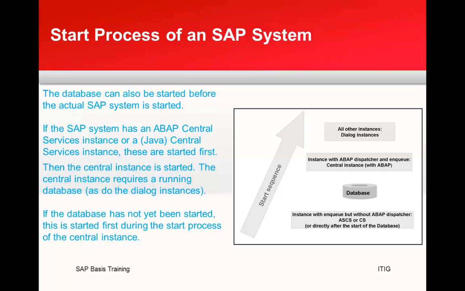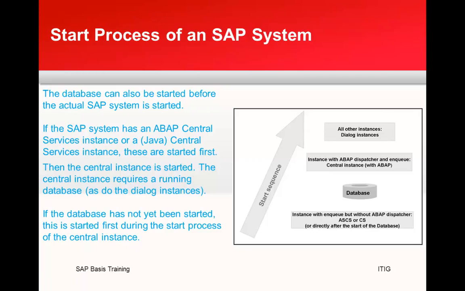Okay, let's see. This figure is showing the start process of an SAP system. If the SAP system has an ABAP central instance or the Java central instance, they are started first. Here you can see instances with enqueue but without ABAP dispatcher, that is SCS or ASCS, directly after the start of the database.